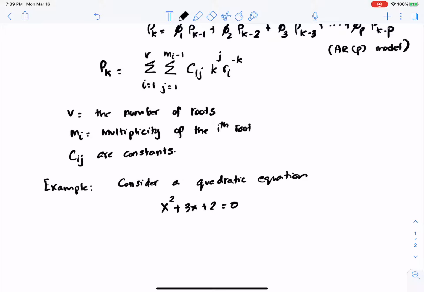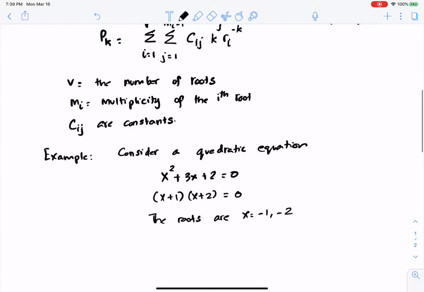Now, this particular equation has two roots. If we factor, we could write this as (x plus 1)(x plus 2) equals 0. So the roots are -1 and -2. You can say that these roots are unique in the sense the roots do not repeat.